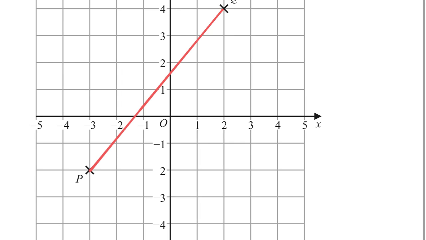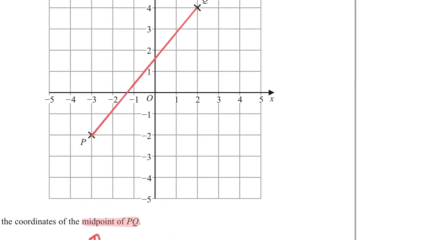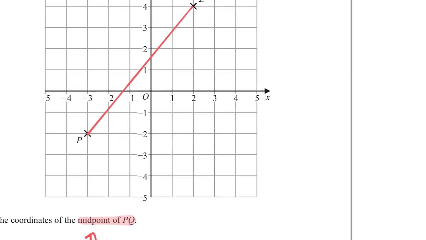Now, it might not be obvious to you, it might be. There are a few ways of doing it. If we look at how far along you go, I'm just going to get rid of my ruler. If you look at how far along you go in this direction, 1, 2, 3, 4, 5, that would be 5 across. To get the midpoint, we half that, so instead of going 5 across, we go 2.5 across.